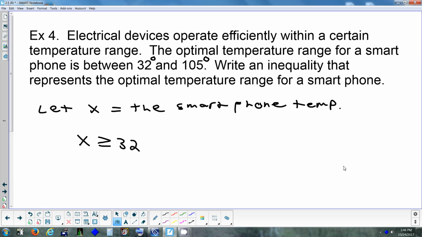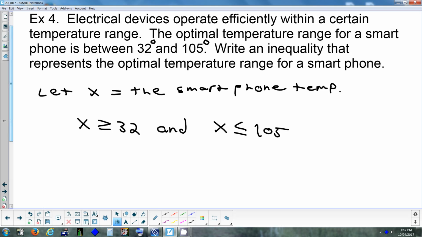This is an and. Not only do we want the temperature above 32, and then x is less than or equal to 105. You said less than, but it's less than or equal to 105.